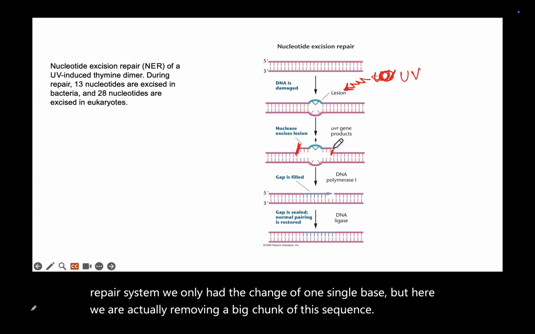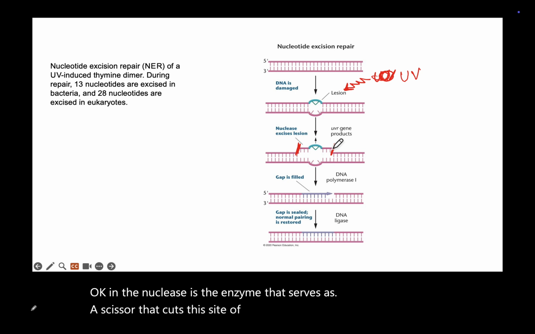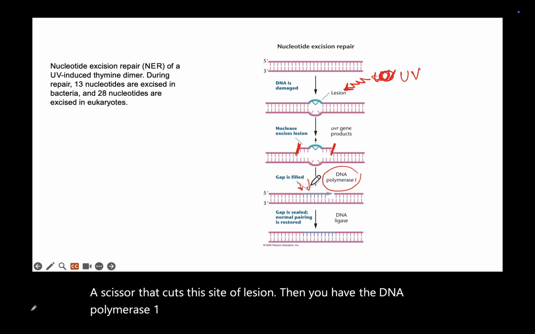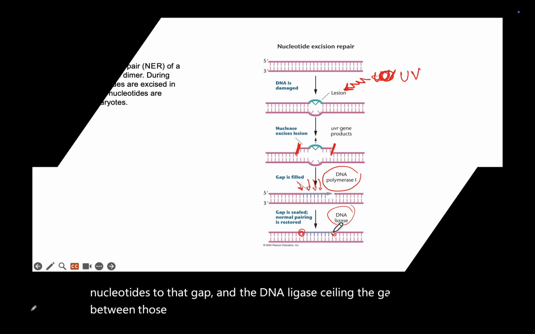And the nuclease is the enzyme that serves as a scissor that cuts this site of lesion. Then you have the DNA polymerase 1 bringing the new nucleotides, the correct nucleotides to the gap, and the DNA ligase sealing the gap between those pairs.